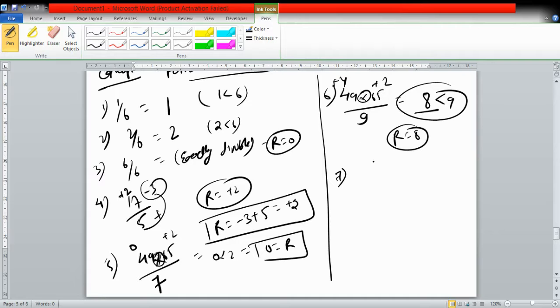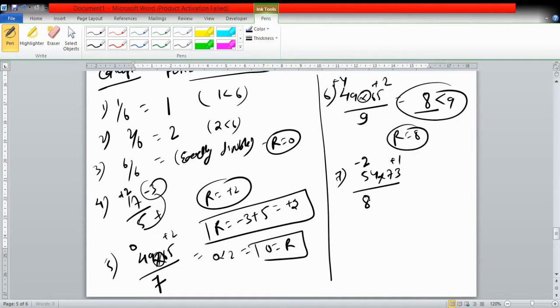Similarly, take the example 54 into 73 divided by 8. 54 divided by 8 is minus 2, and 73 divided by 8 is plus 1. If you take 54, you can go beyond 54 and before 54.